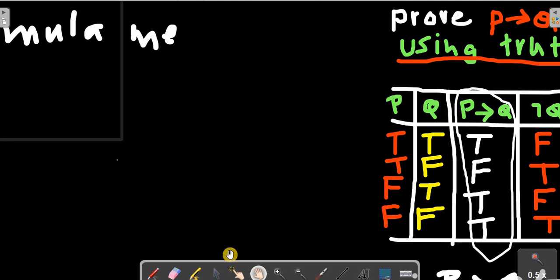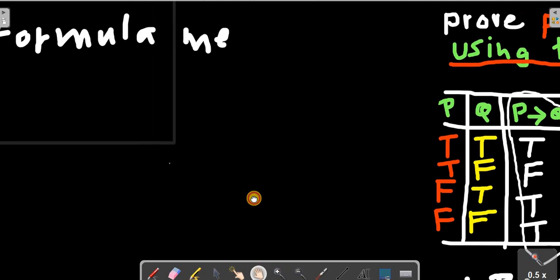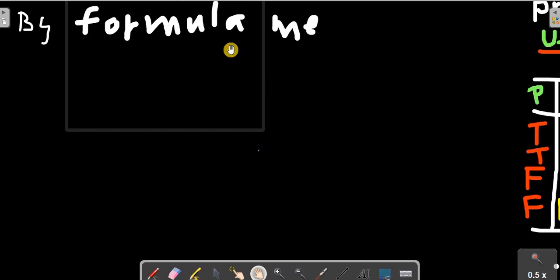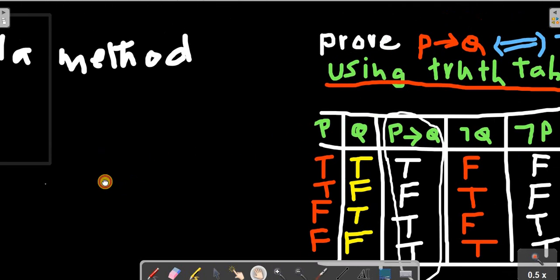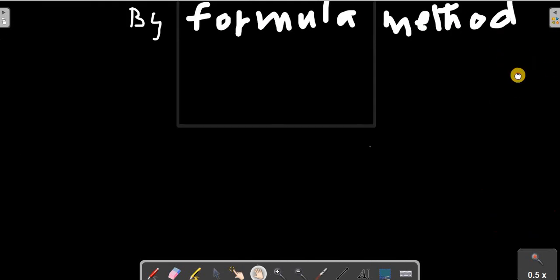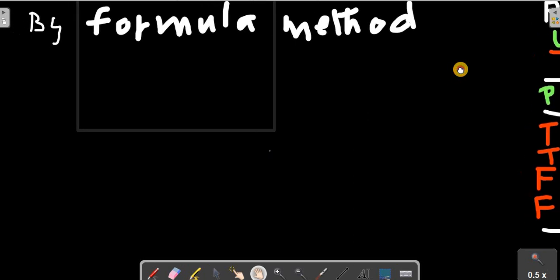For equivalence formula we are going to prove that by formula methods. We are proving the same, that is what we have here. Now look at that. P implies Q is exactly equivalent to negation Q implies negation P. That is what we are going to prove now by the formula method.